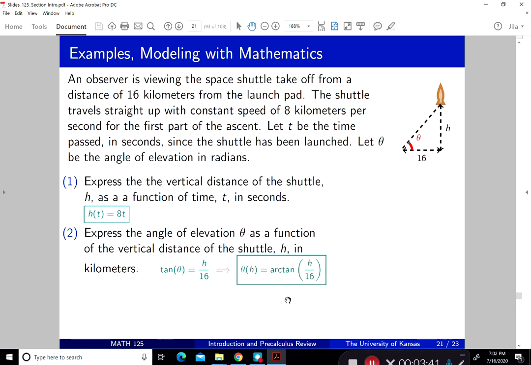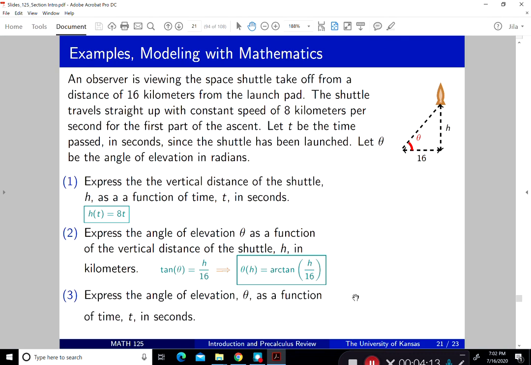Over here I had h of t, h as a function of t, where t is the input. And here is theta of h, where h is the input, equal to arctan of h over 16. Because theta is going to be a function of h, I use that notation of parentheses h in there.